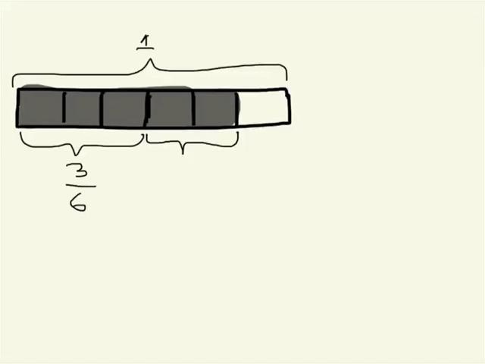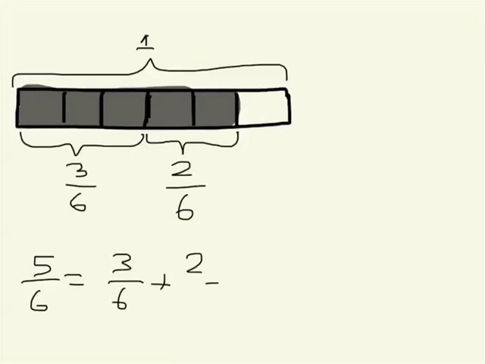And this bracket over here, guess what it's showing you? 2/6. So the combination of those, if you look at the entire thing, is 1, 2, 3, 4, 5 out of 6, or 5/6. So my number sentence would be 5/6 is equal to 3/6 plus 2/6.